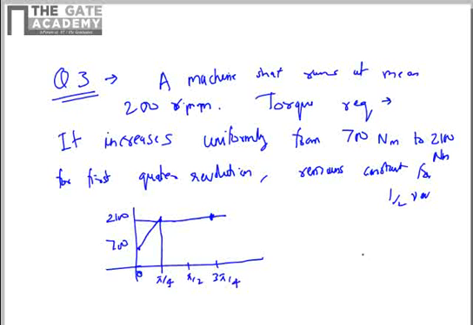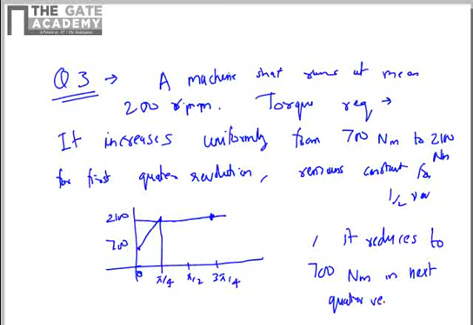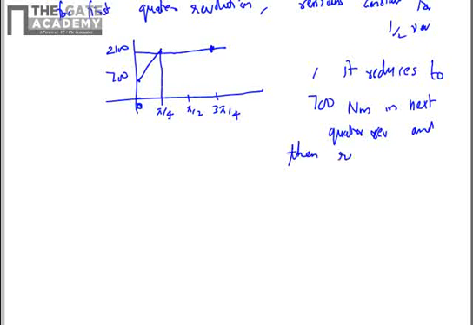And after 3 pi by 4, it reduces to 700 Newton meter in the next quarter revolution, that is from 3 pi by 4 to pi.